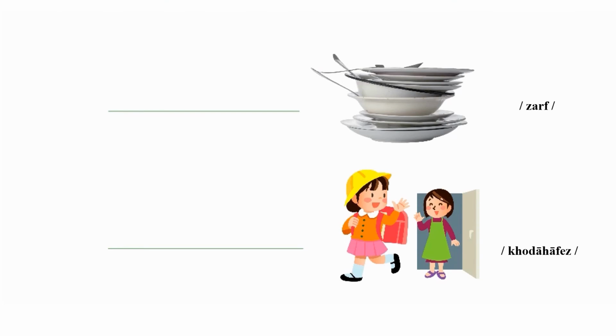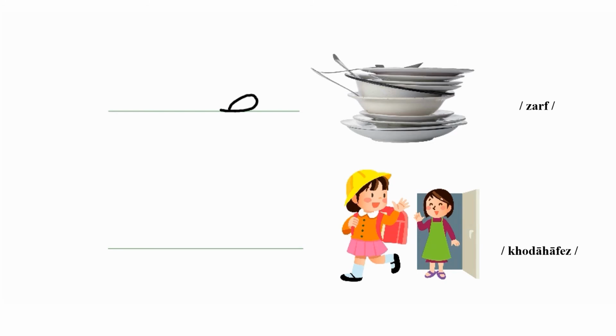And examples. So we have dishes in our first line and someone saying goodbye in our second photo. So let's start with the first one. Dishes. Dish actually is zarf, starting with the last Z that we've learned today.